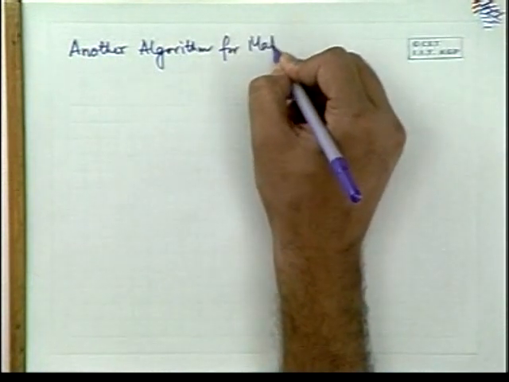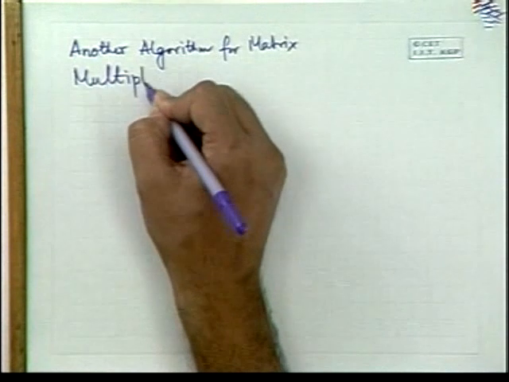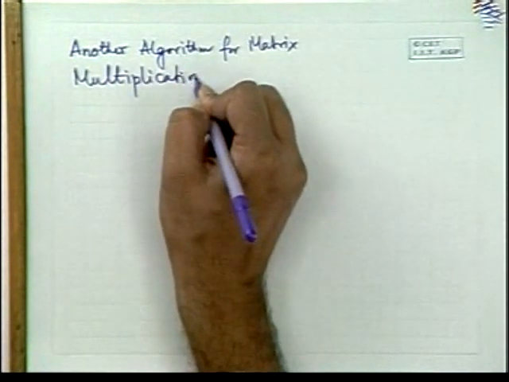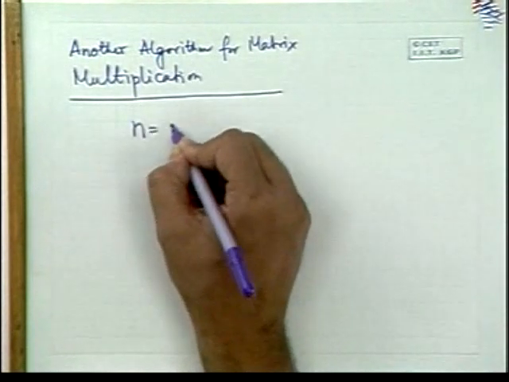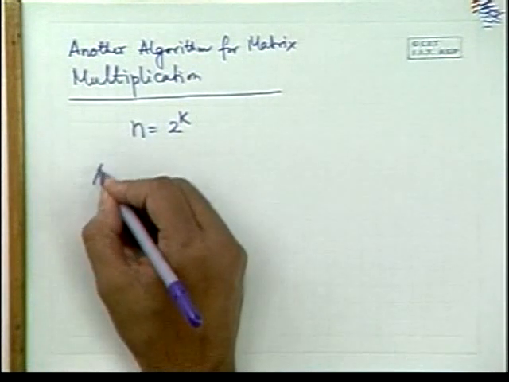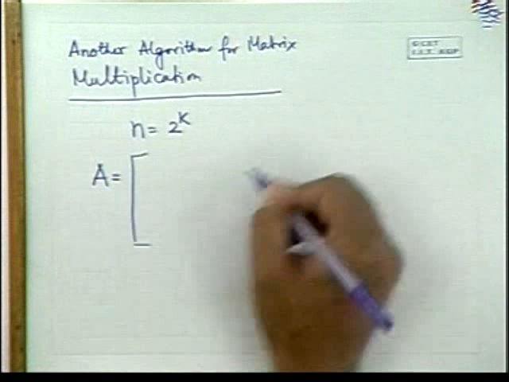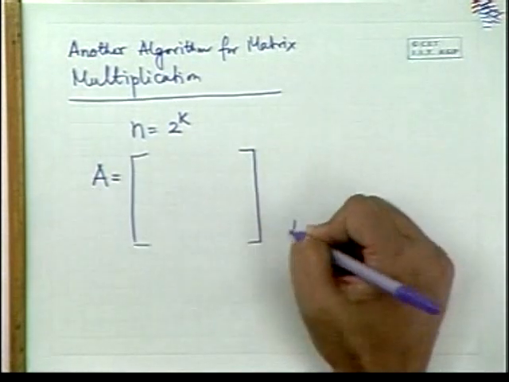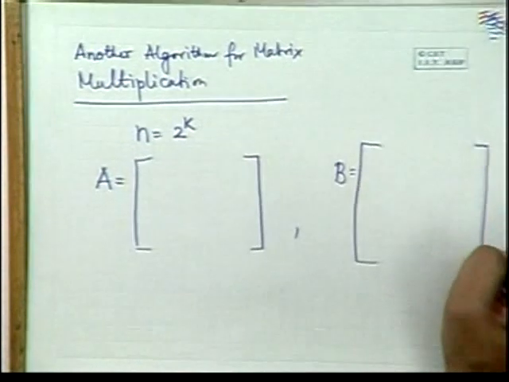For convenience, again I assume n is equal to 2 to the power k, a power of 2. Now suppose we have been given this matrix A and another matrix, say B, both are n by n.